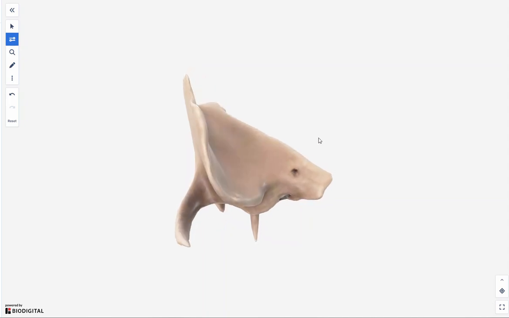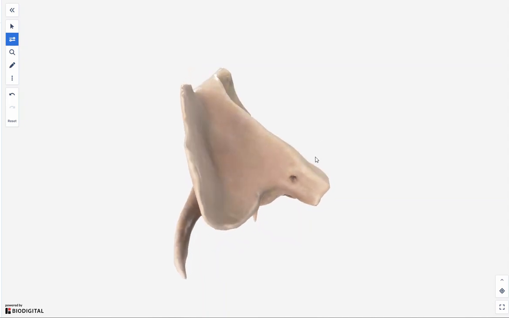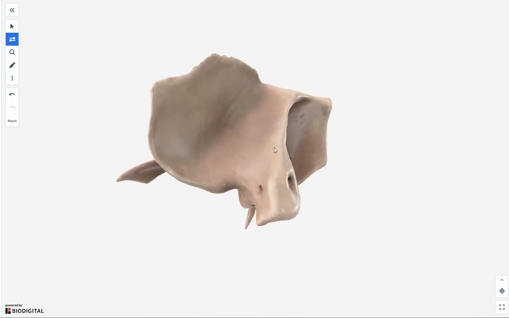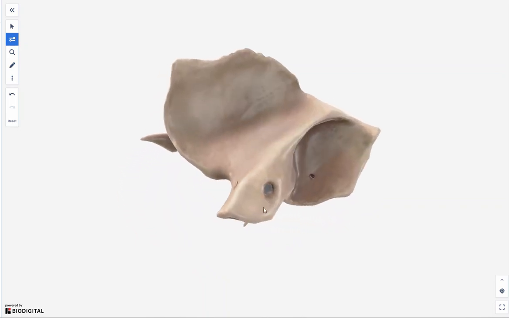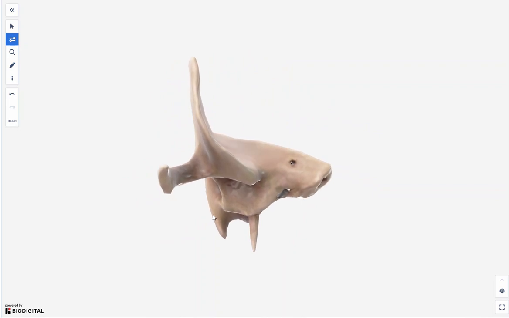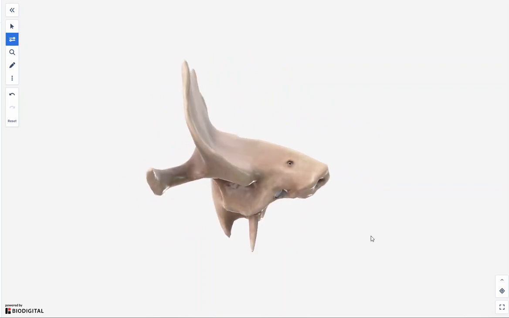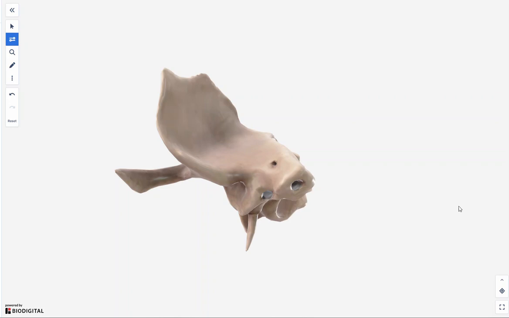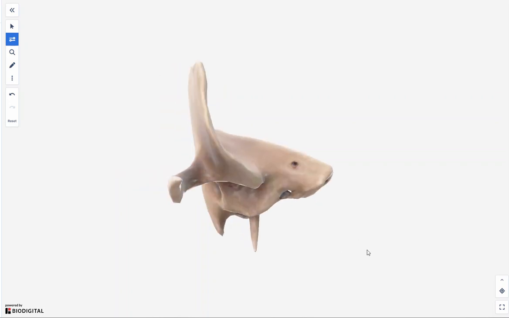So if I tip this, I can tip it forward. You can see it's the ridge on that petrous portion or petrous pyramid, the very top of it. We'll be looking for that petrous ridge in our different skull images to decide positioning, to decide the angulation of the beam.